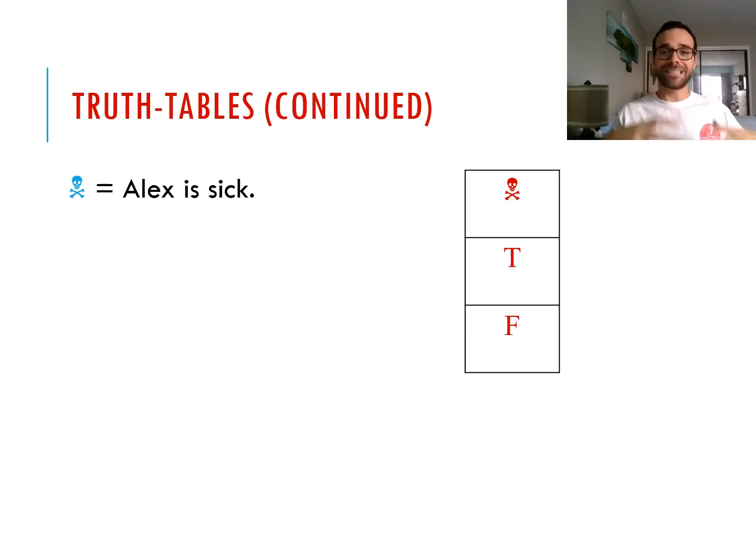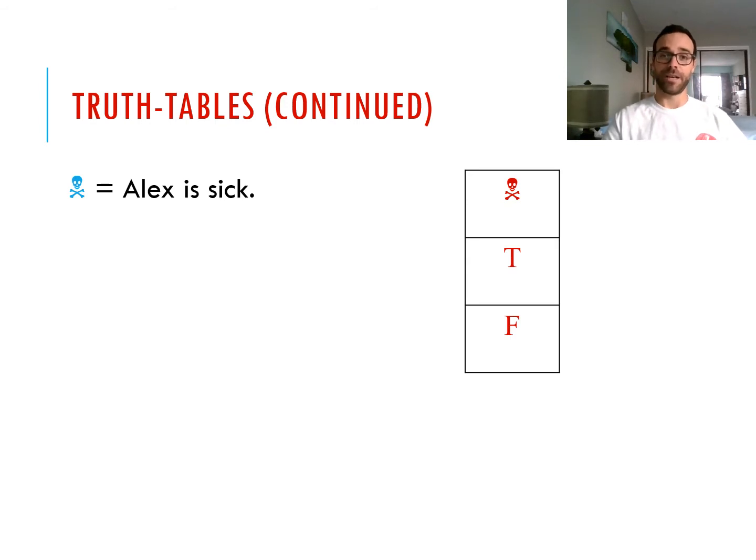So when we're creating these truth tables, we want to set up a reference column that will identify every simple proposition being expressed. You will have a reference column for each simple proposition. So here we have one simple proposition, Alex is sick. So there's one column. If there were two simple propositions, we would have two columns. If there were 3, 3, 4, 4, and so on and so forth. But using only one simple proposition, we would know that there are two possible states of affairs that could exist.